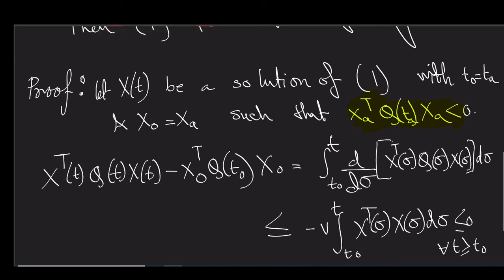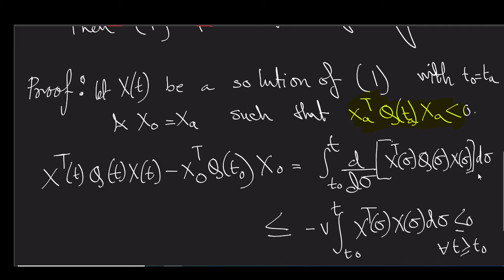Then from equation number 5, what we can write is that x(t) transpose Q(t) x(t) minus x_0 transpose Q x_0, the total energy minus initial energy, is equal to minus integral from t_0 to t of this.